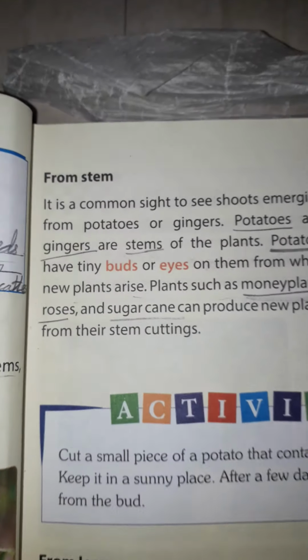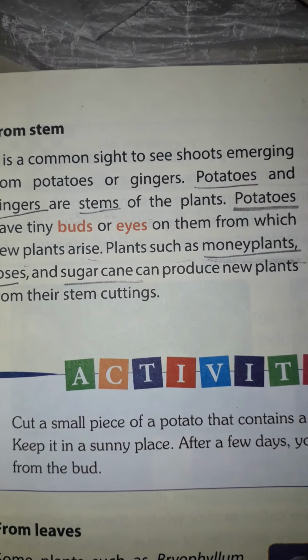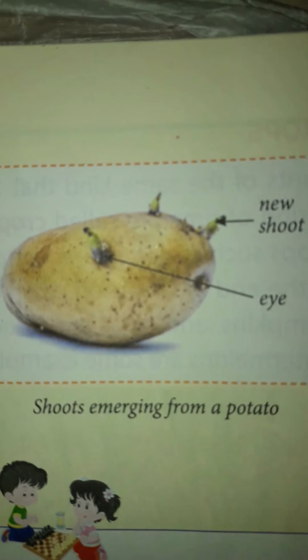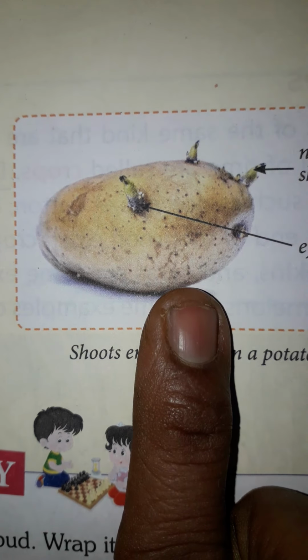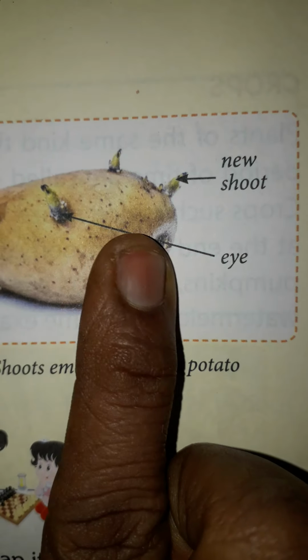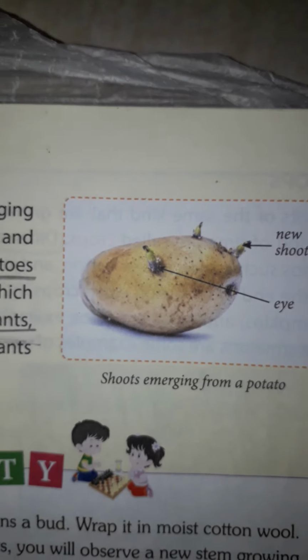Next heading, from stem. How will we get a new plant from the stem? See the picture. What vegetable is this? This is a potato, isn't it? Have you seen a potato at your home?